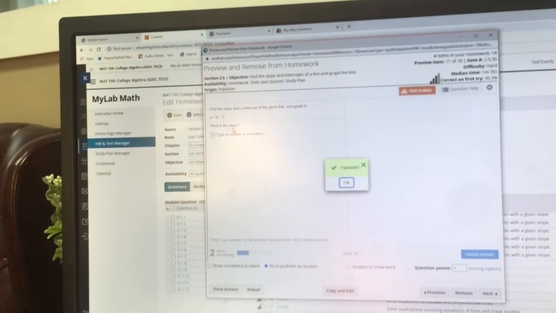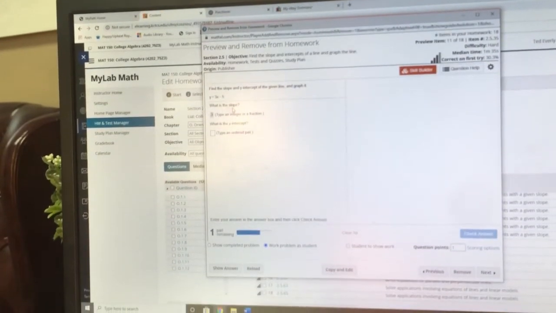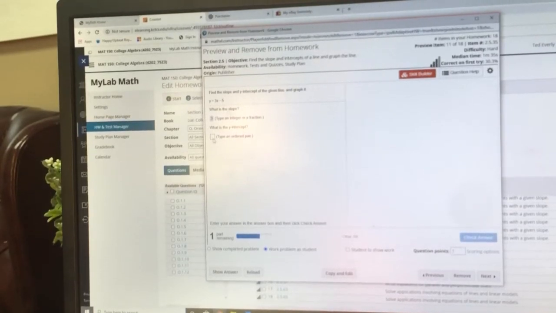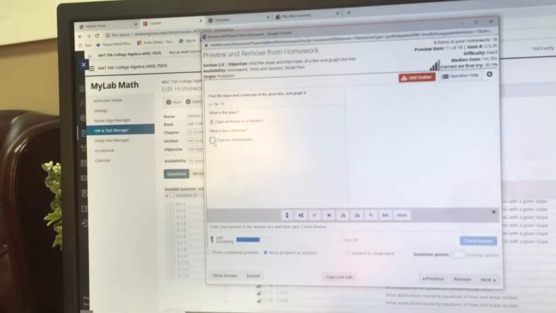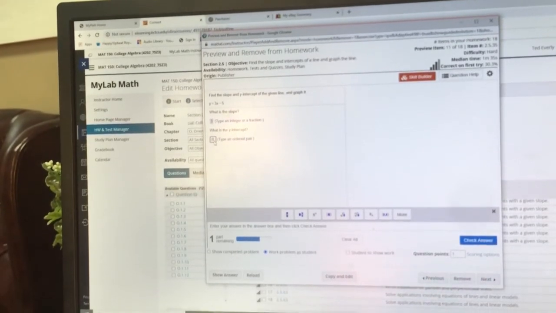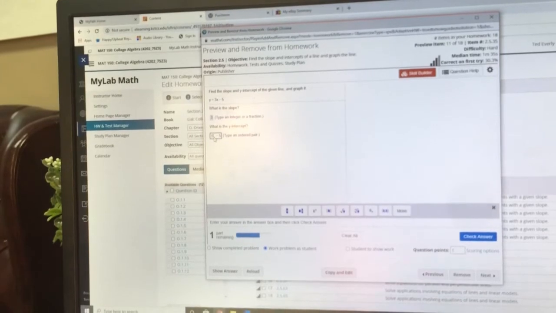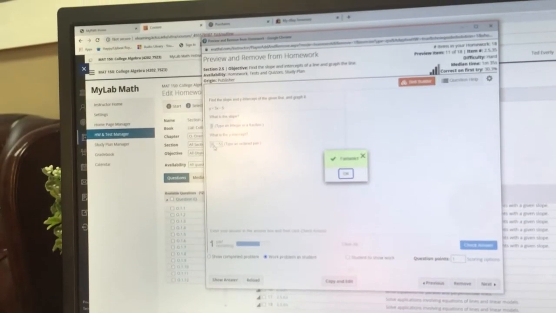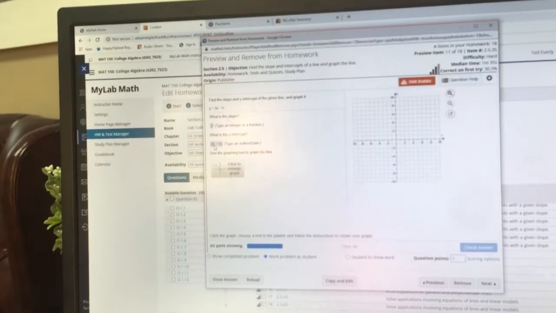All right, what's the y-intercept? All right, -5 is my y-intercept, which means x is 0. So I'm just going to go 0, comma, -5. Okay. All right, fantastic. Now we graph it.